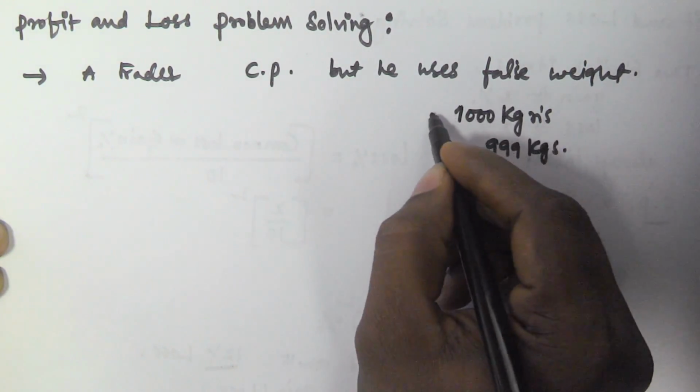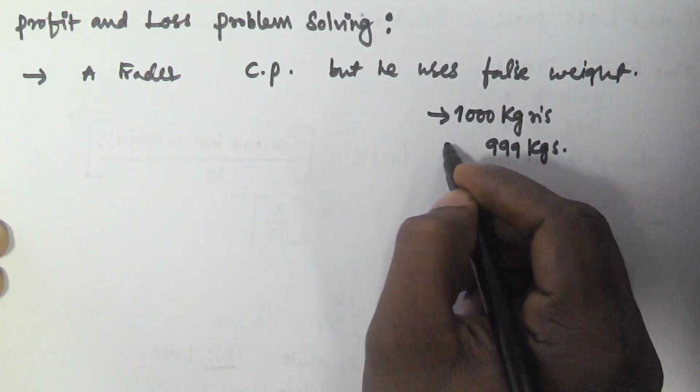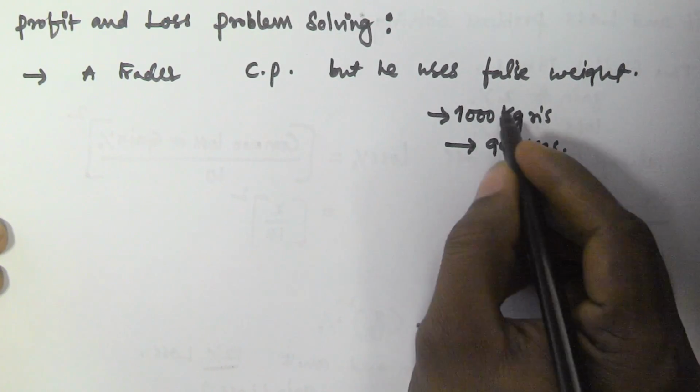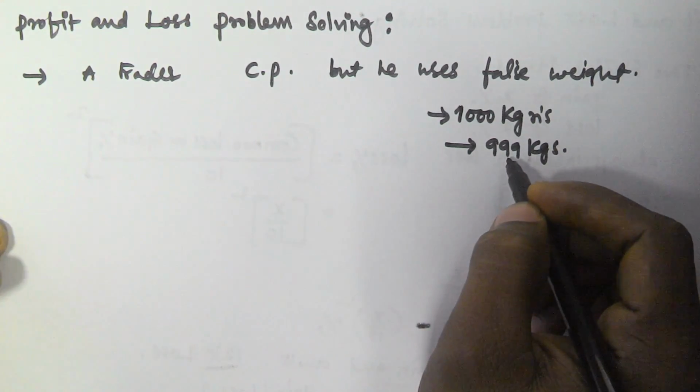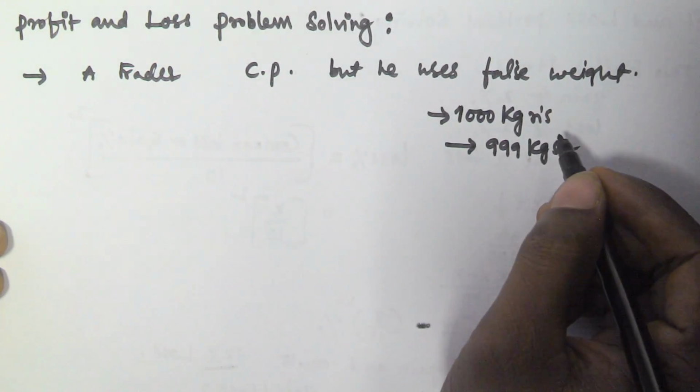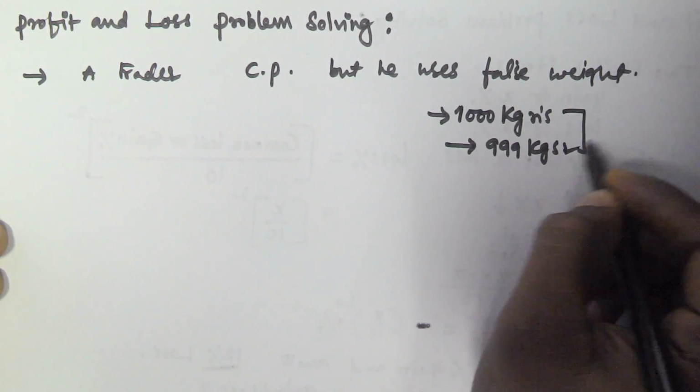Obviously he is charging them for 1000 kgs, but actually he is giving them only 990 kgs. So that means he is obviously going to get a profit because he is giving them false weight. So he is getting a gain there.